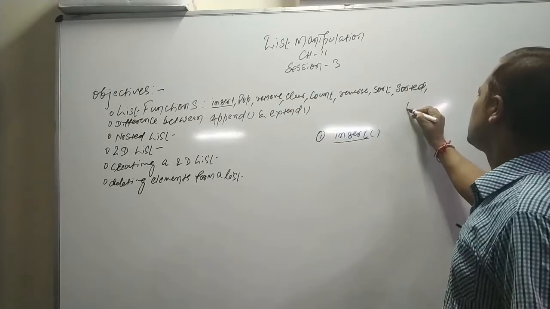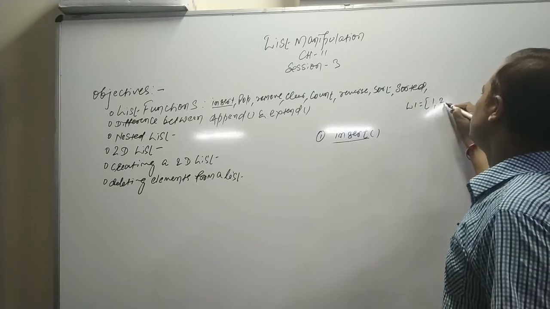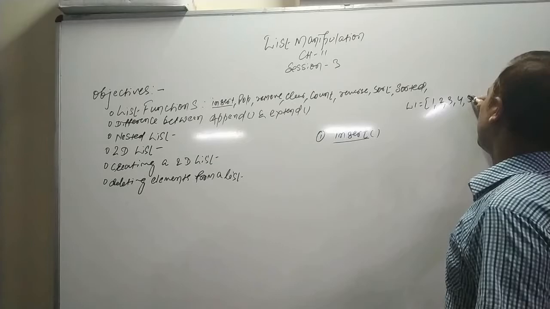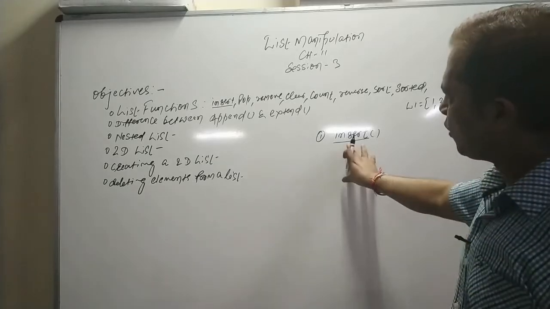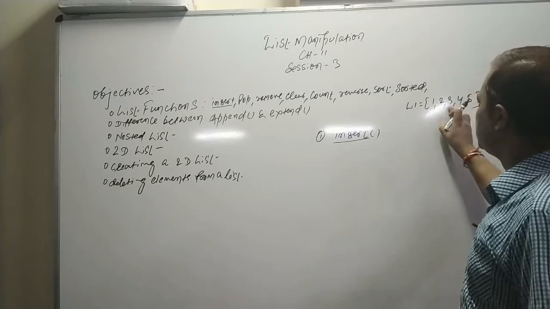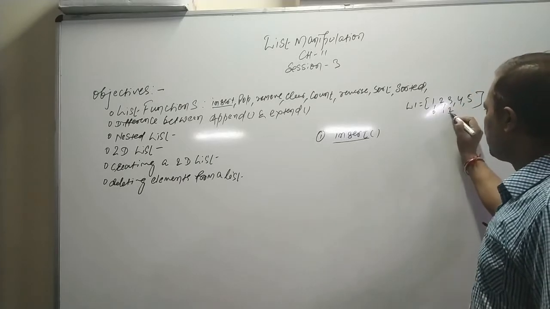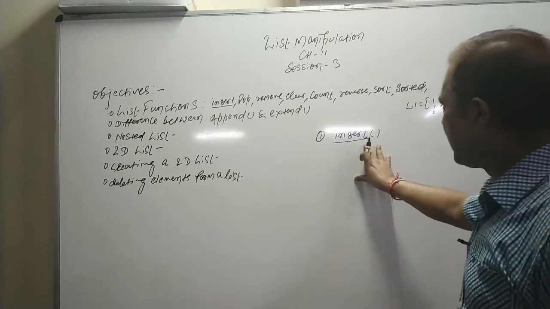For example, suppose L1 is a list having the elements 1, 2, 3, 4 and 5. Our requirement is to insert something else at the second position in the list. So this is 0, this is 1, this is 2. At the second position, I want to insert an element.